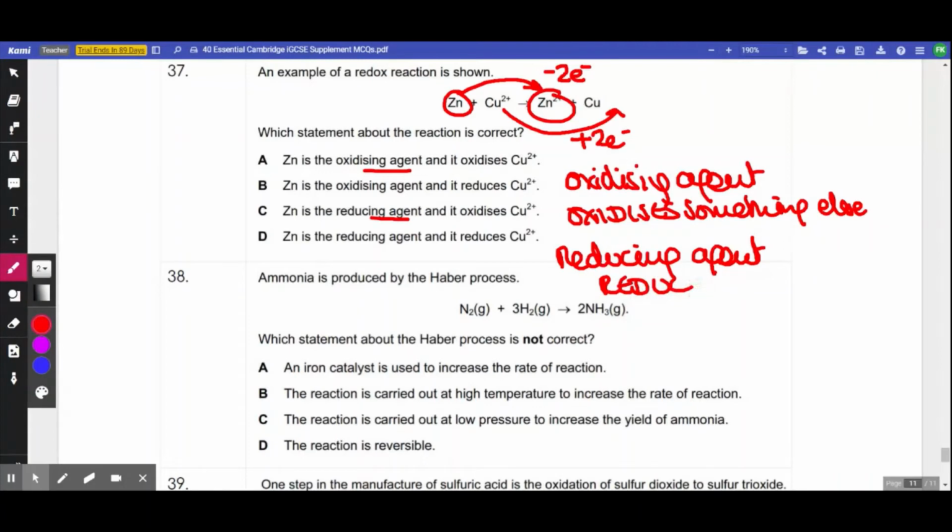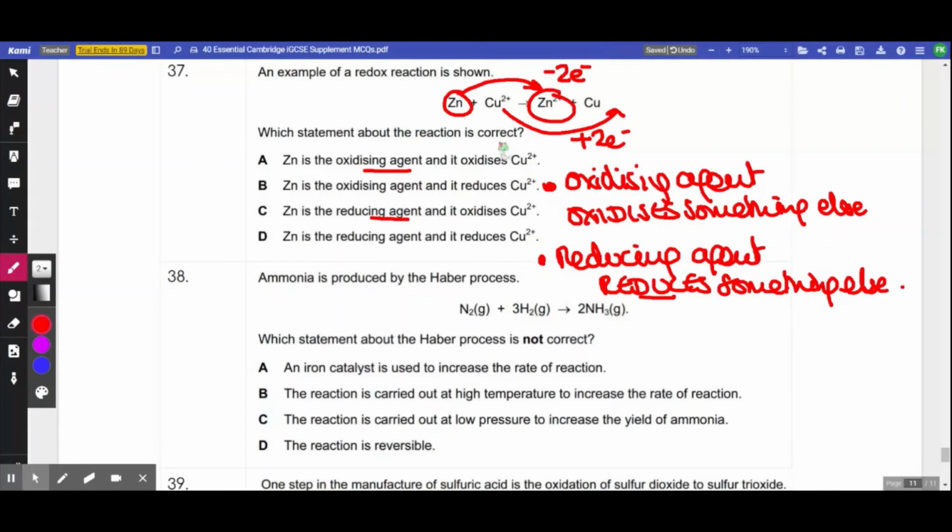You just say that to yourself, and eventually you find that you remember it and you'll be able to recall it at the right time. So an oxidizing agent oxidizes something else, a reducing agent reduces something else.